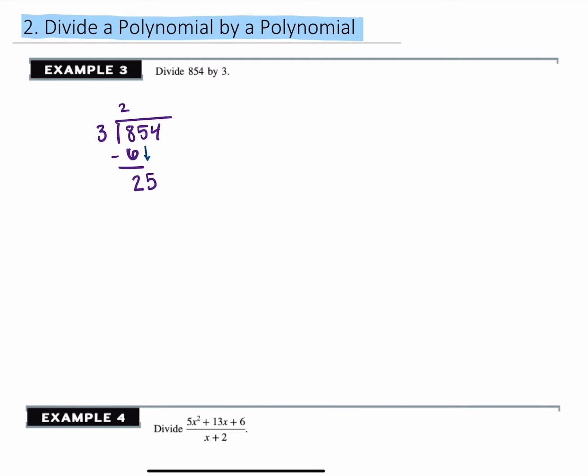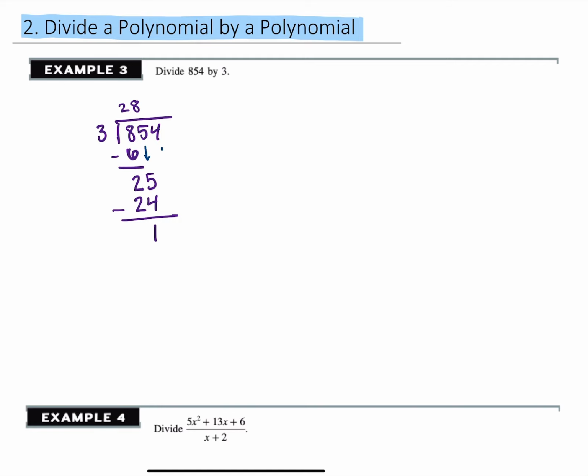So these general patterns will be the same when we're working with polynomials. Now I think about what I want to multiply 3 by in reference to that 25. I'll have to do 8. 8 times 3 is 24. So I write that result here, then subtract, get a result of 1.